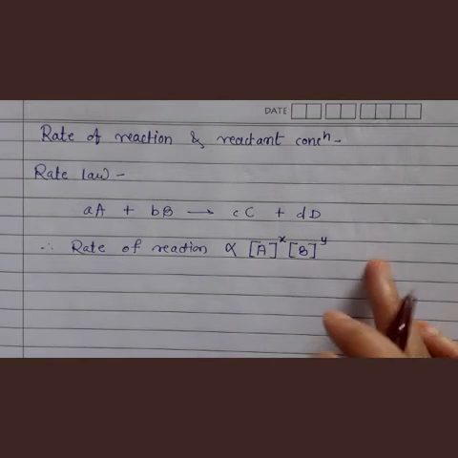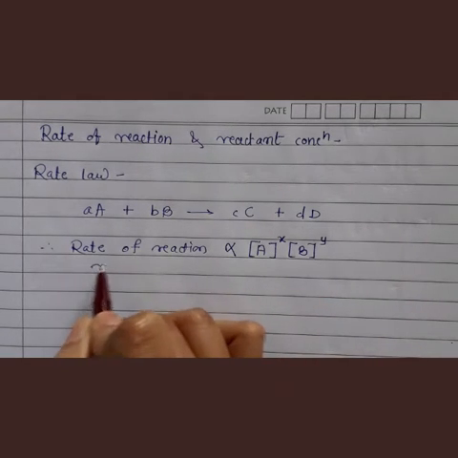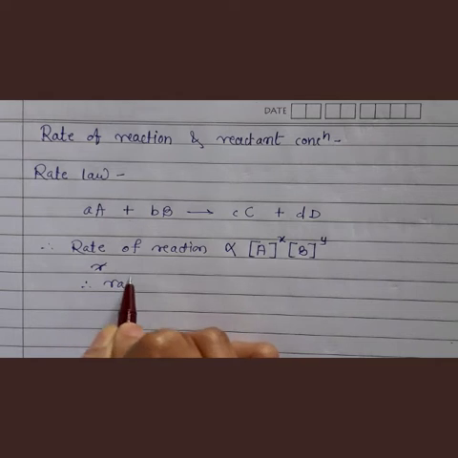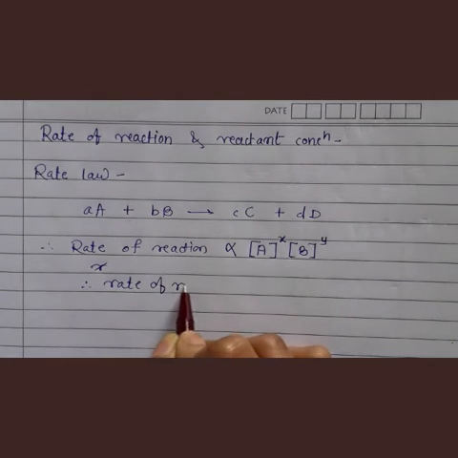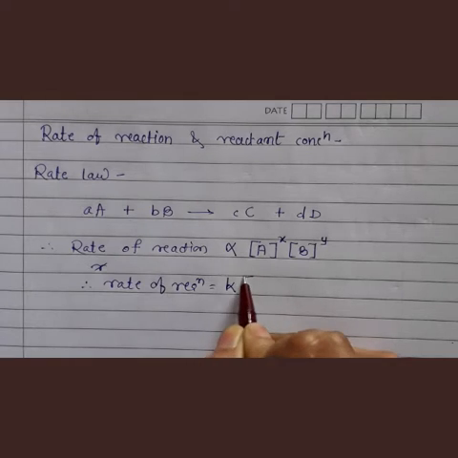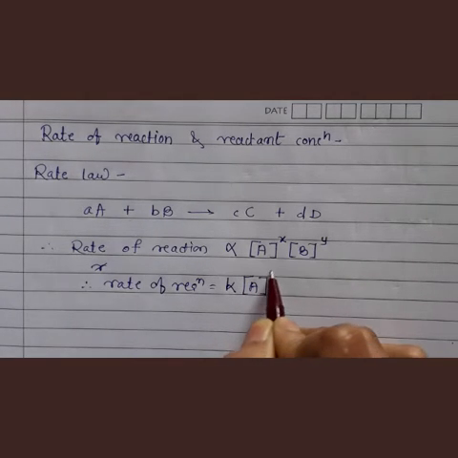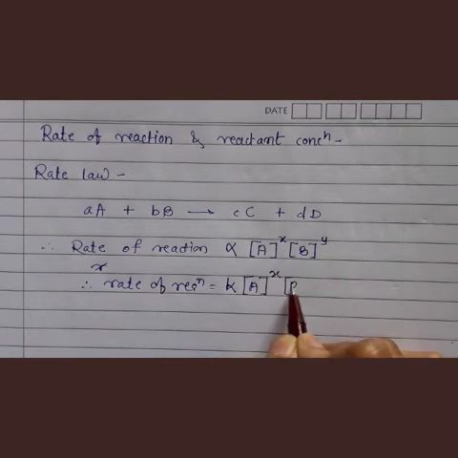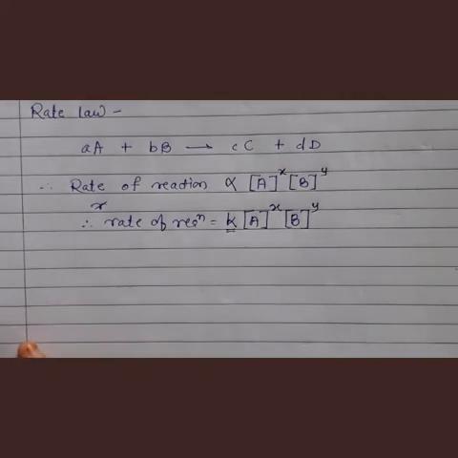Now let us write, therefore rate of reaction is equal to K multiplied by concentration of A raised to the power x, concentration of B raised to the power y, where K is the proportionality constant. Understand?